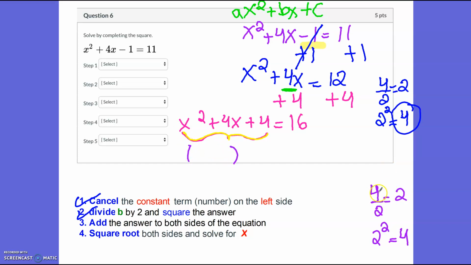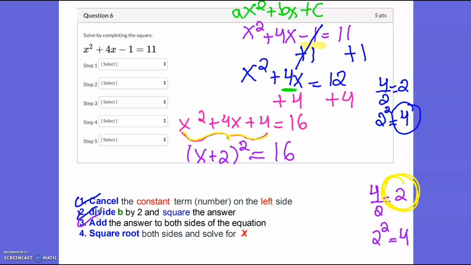And we can write it using this factor: x plus 2 squared. 2 squared equals 4, and 2 plus 2 equals 4x, equals 16.